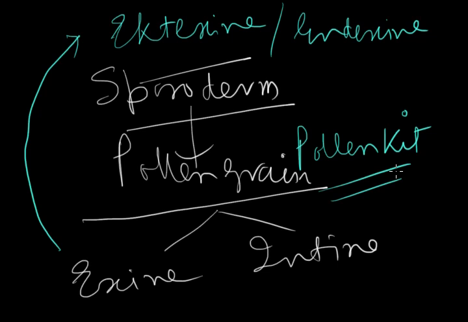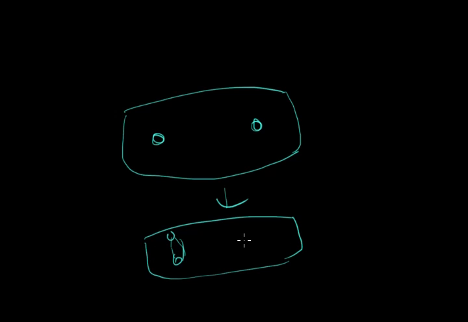Now regarding the nature of microsporogenesis, a very peculiar structure is recorded. One pollen sac has two cells. Later, they undergo formation of an asymmetric spindle like this.